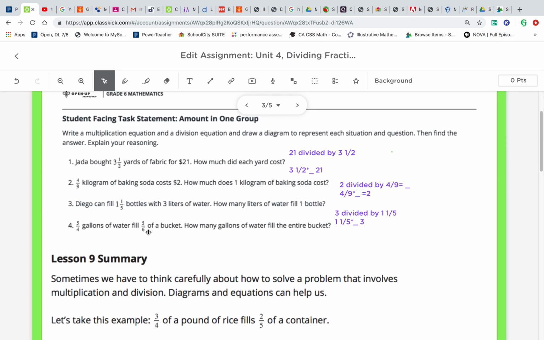of a bucket. So what's happened is they've kind of switched the order of what's being mentioned first. 3 liters of water were being used to fill this much. So it was 3 divided by 1 1/5. Here, we're talking about 5/4 being used to fill this much of a bucket.